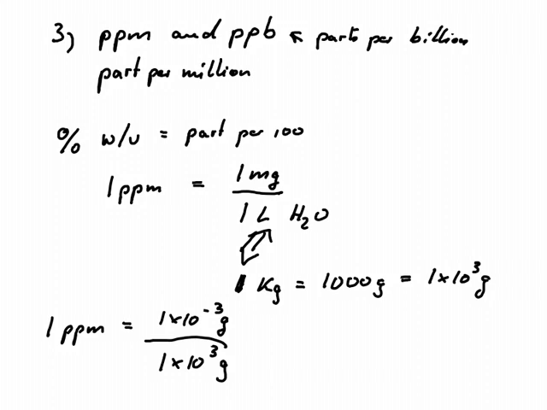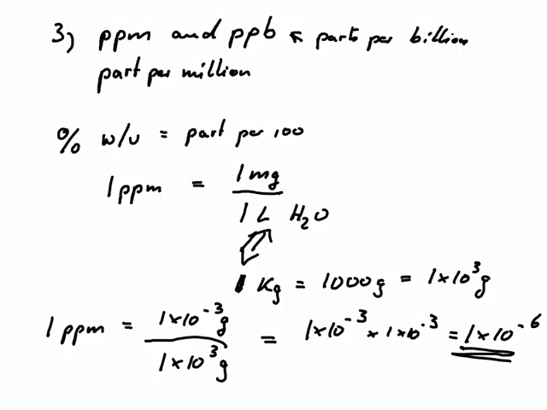And when we use the laws of exponents, 1 times 10 to the negative 3 divided by 1 times 10 to the 3 would be 1 times 10 to the negative 6. So that's our parts per million.